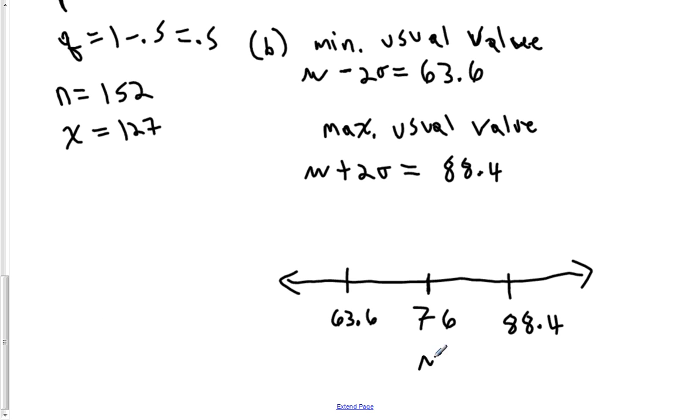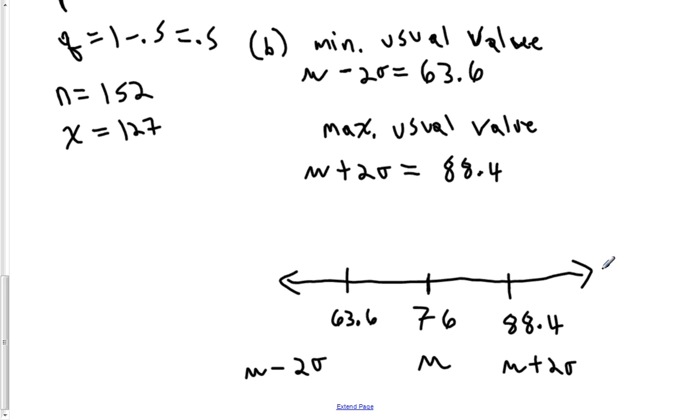This is mu right here. This is mu plus 2 sigma, and this is mu minus 2 sigma. And outside of this range, we have unusual values.